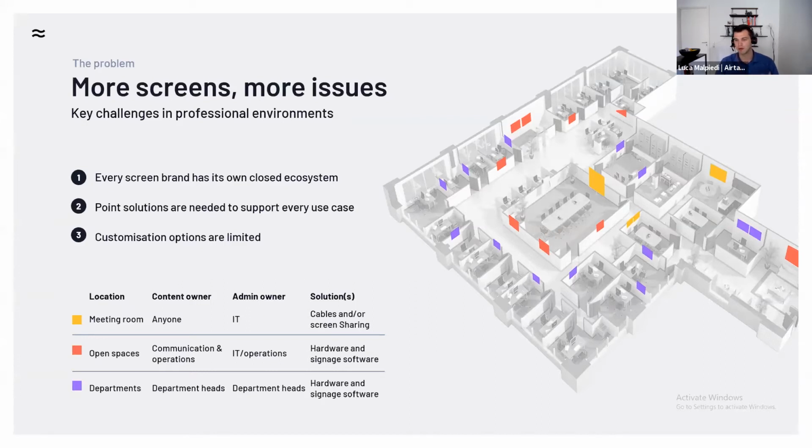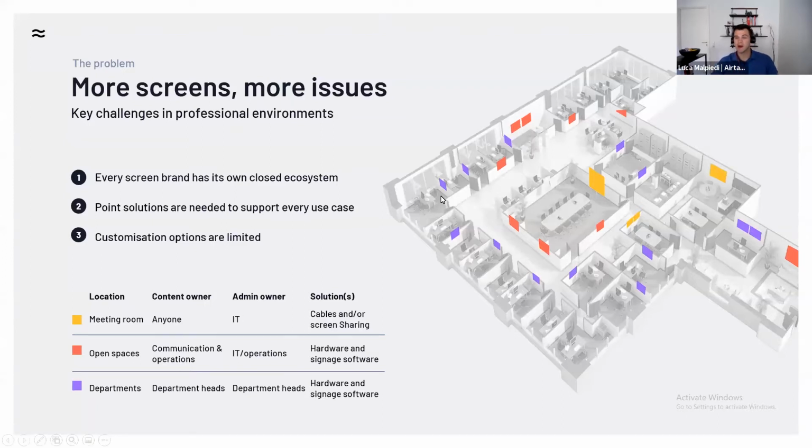So there are now 3 or 4 solutions for your screens across an environment. With so many separate point solutions, you're going to have so many closed ecosystems and closed management systems. This generally means it's a lot more time consuming to manage all these separate solutions, and the customization options are very limited.